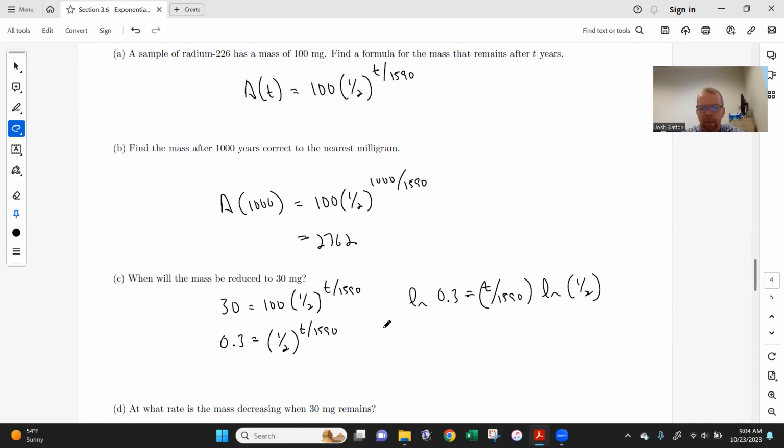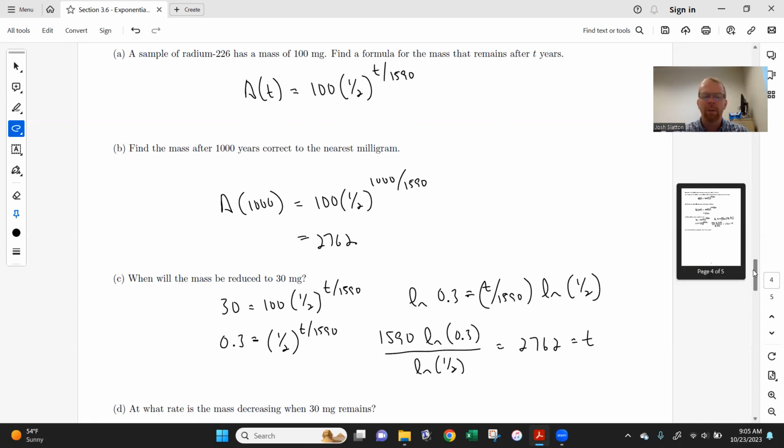So we end up with, and we'll put this in the calculator, 1590 times ln of 0.3 all over ln of 1/2, or ln of 0.5. And we should get 2762, which is t. All right, so far we've kind of been doing similar things over and over again.